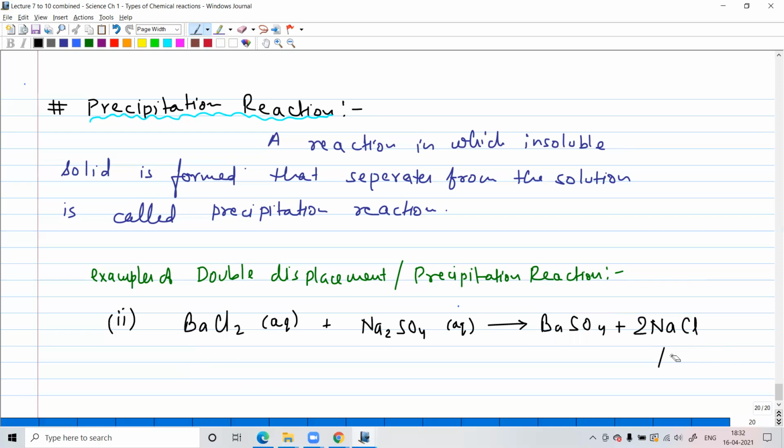So do I need to write the names? Everyone has got it. Barium chloride, sodium sulfate, and sodium chloride. I think these compound names are clear, or should I write them, guys? Sir, I have a doubt. Write it, sir. Write it. Okay. Yes, tell me. What's your doubt? Sir, last year when we were writing the elements in their chemical formula, that time we wrote Na2 and Cl2.